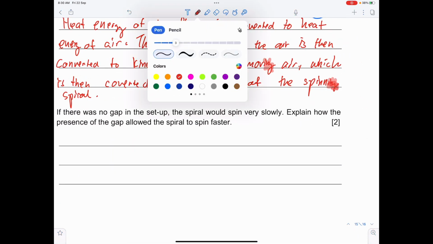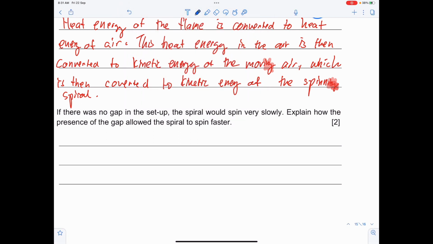So let's translate the first one, which is more air can enter. Okay?